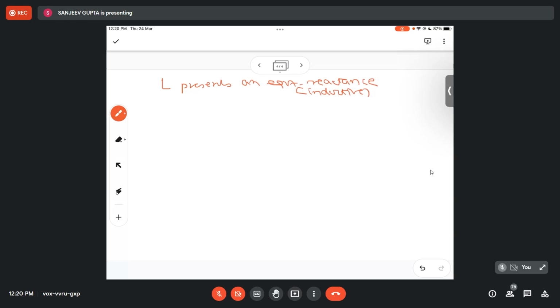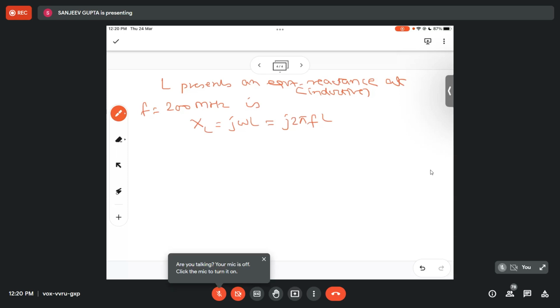At 200 megahertz, because our frequency F is 200 megahertz, it is given by XL equal to j omega L. I have to calculate this, because normally we don't put the value of inductance, but the value of inductive reactance. So in my equivalent circuit, everything will be in ohms.